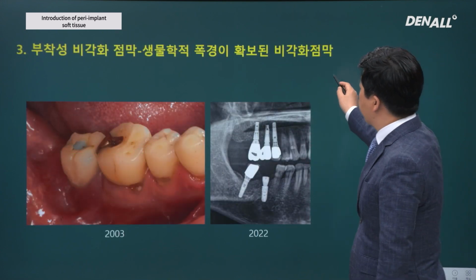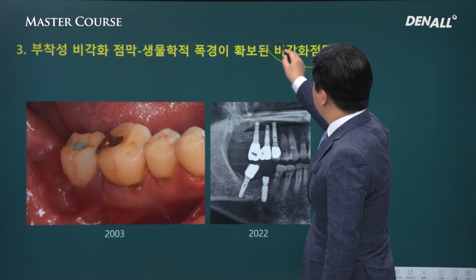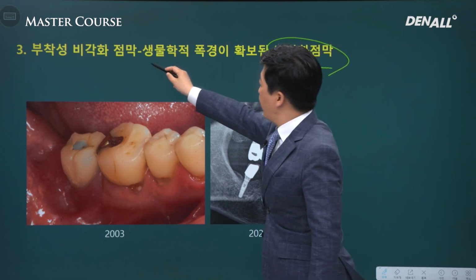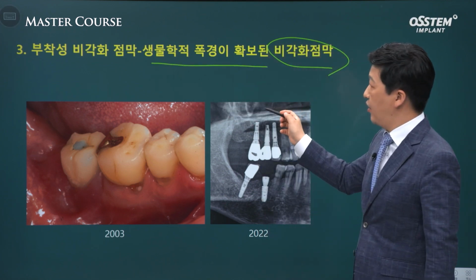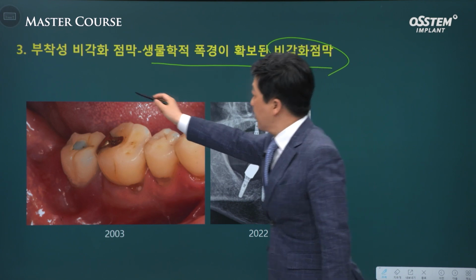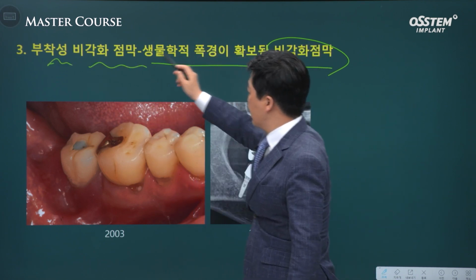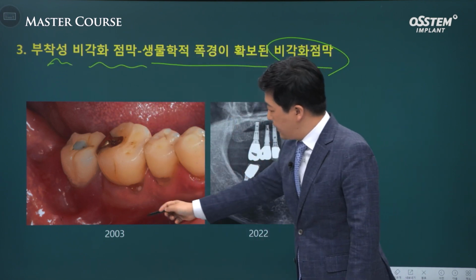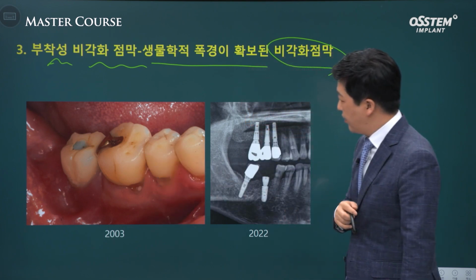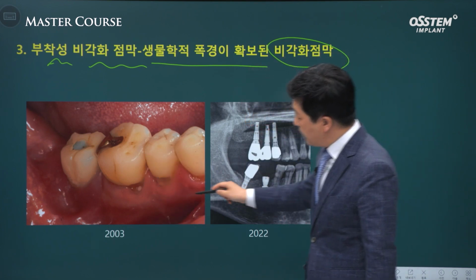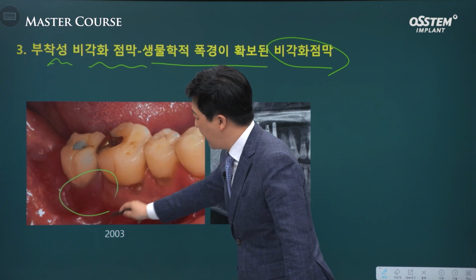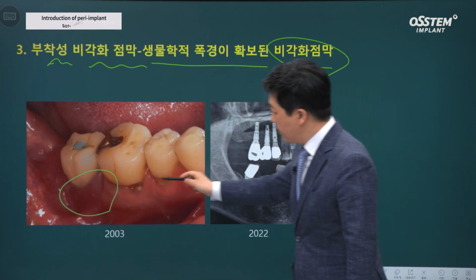Third, it is non-keratinized tissue, but this is with biologic width. Attached non-keratinized mucosa. This patient came to my dental clinic in 2013. It always looks slightly reddish, almost as if there's inflammation.